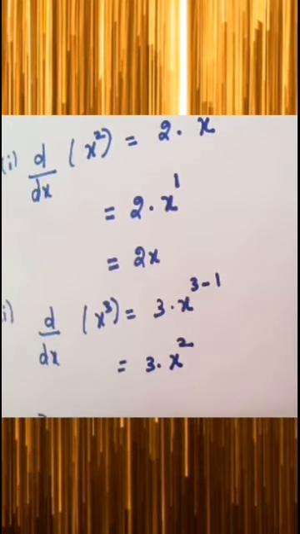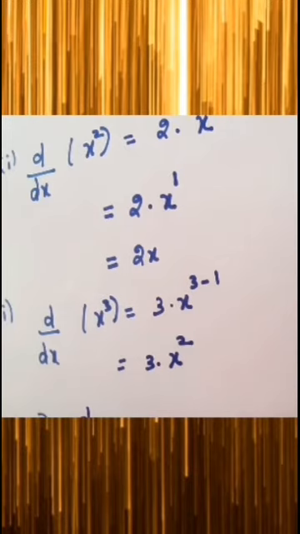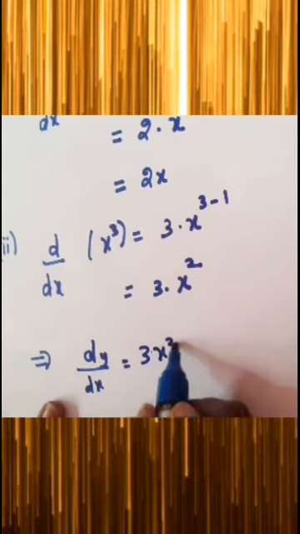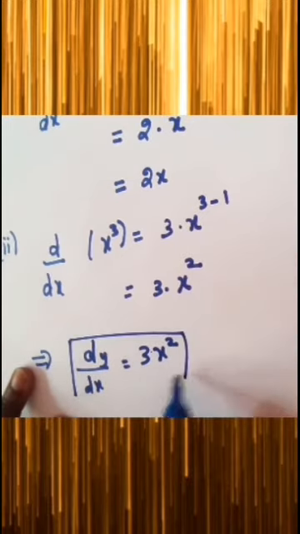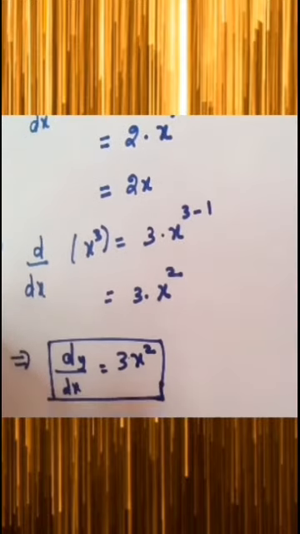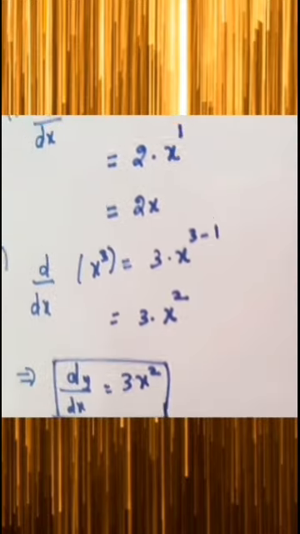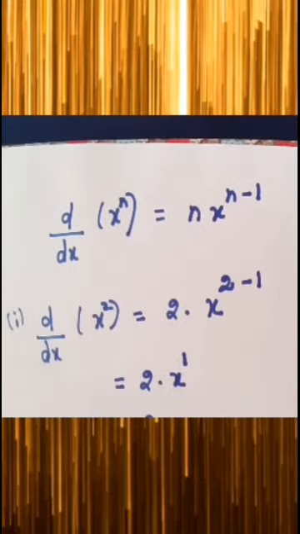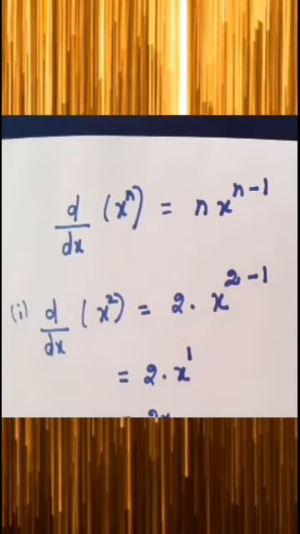This will be your dy by dx, which is 3x squared. I'll solve some more problems in this, so don't panic or get puzzled. Just understand the basic concept of calculus in this video. This is the basic rule: the power rule is n into x to the power n minus 1.